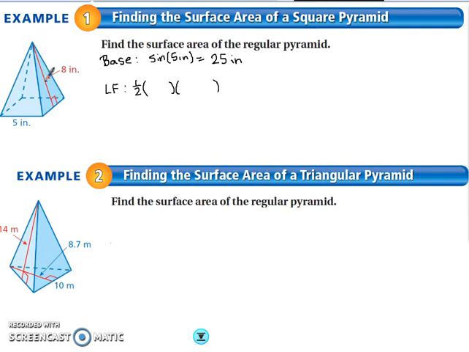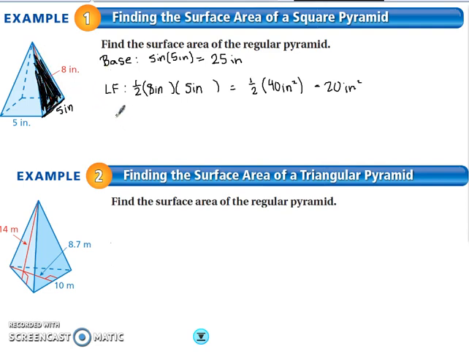And the height of my triangle then is 8 inches. The base of my triangle, since my base is a square, this side length is 5 inches, so the base of my triangle is also 5 inches. Simplifying, when I multiply 8 inches times 5 inches, I get 40 square inches, and half of 40 is 20 square inches. So what I have found is the area of 1 of my lateral faces.